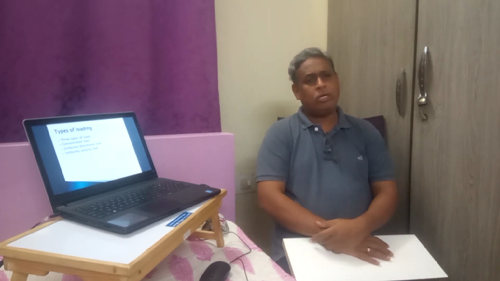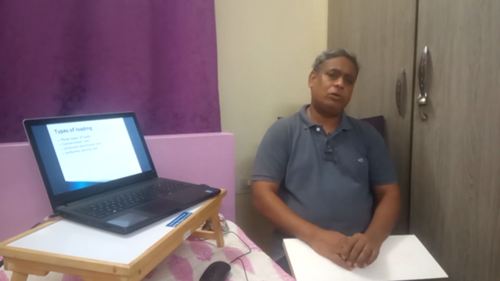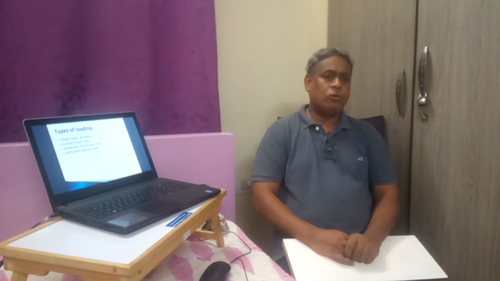Similarly, when the load is distributed evenly along some length, that load is called a uniformly distributed load. When the load is varying constantly, it is called a uniformly varying load or triangular load. A concentrated load is generally designated by a capital W, and it acts along a single point.